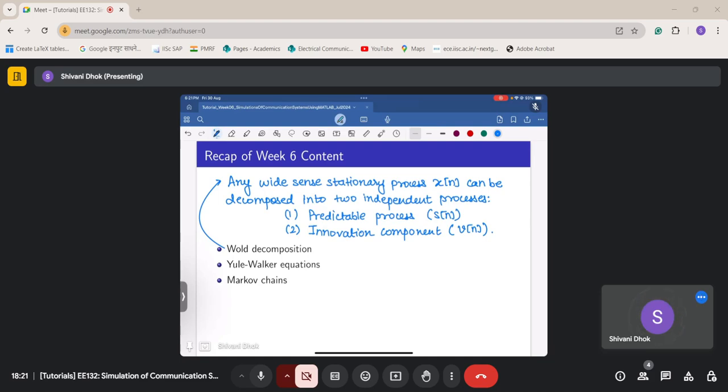Okay, so this we have here. So what we want to do is we want this decomposition in a precise way. This is just something that we had stated in the lectures.